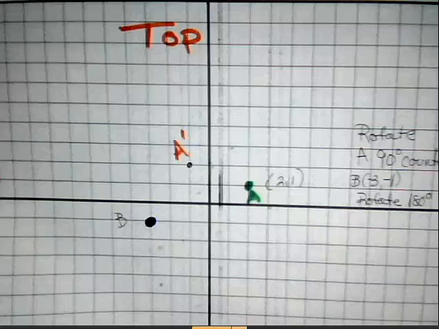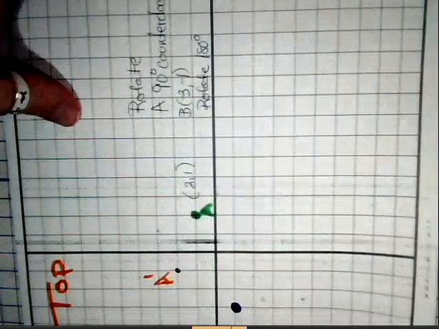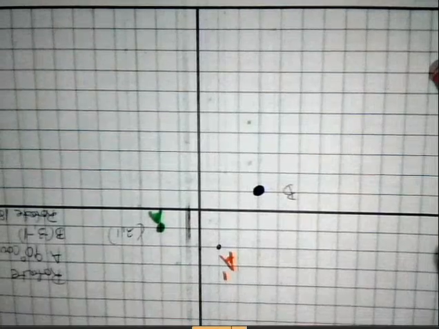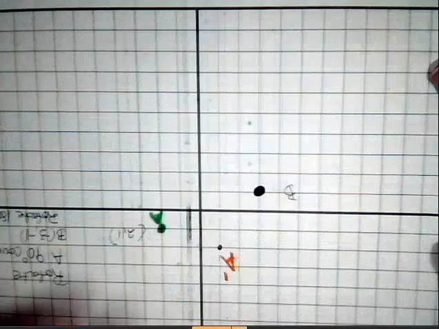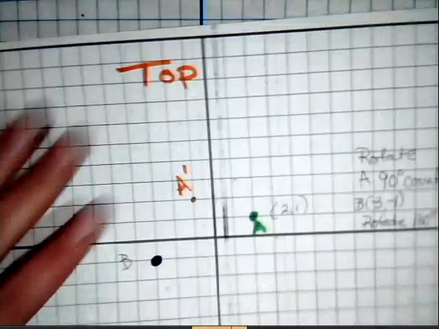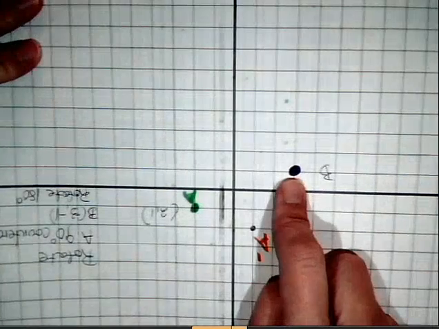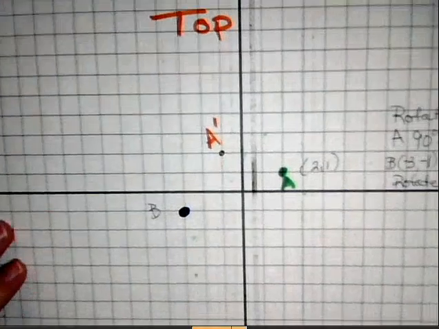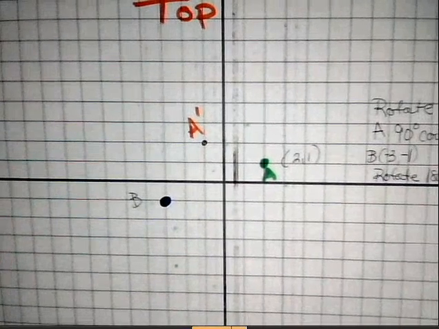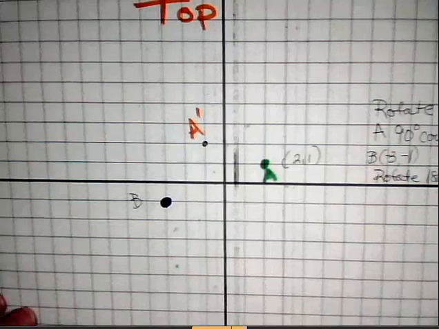Does it matter if I go 90, 180, that's counterclockwise, notice B landed in that quadrant 1, or if I started and I went 180 clockwise? It lands in the same spot. So 180 degrees isn't going to matter whether you go clockwise or counterclockwise. So again, let's rotate it. There's 90.